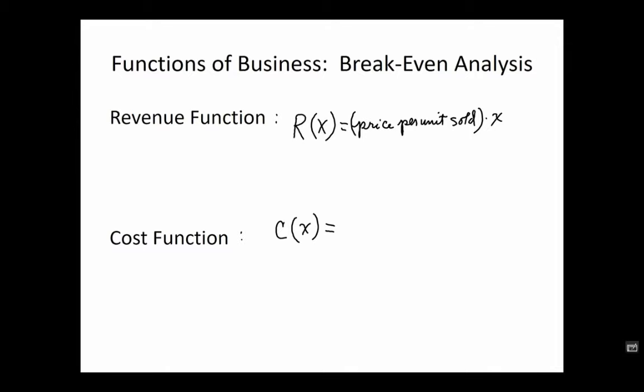So the cost function is going to be a fixed cost, whatever the fixed cost of the company, plus the cost per unit produced. How much did it cost to produce each unit times the number of units produced. So here we have the revenue function and the cost function.